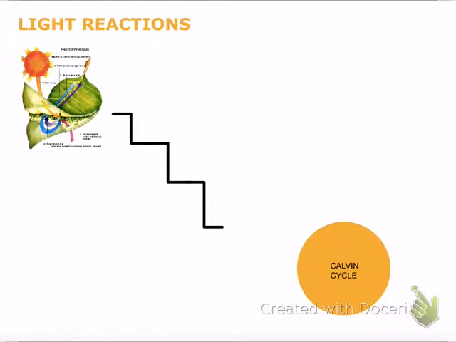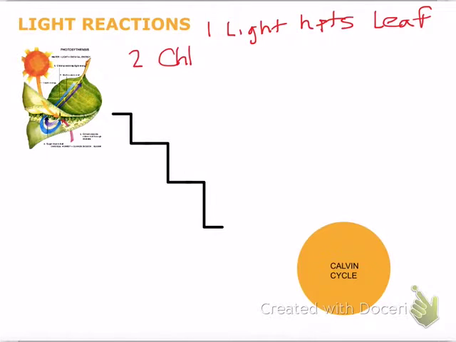If we look at the light reaction, we can go through the steps. The steps of the light reaction are, first, light hits a leaf. Then chlorophyll, which is a plant pigment, absorbs the light.